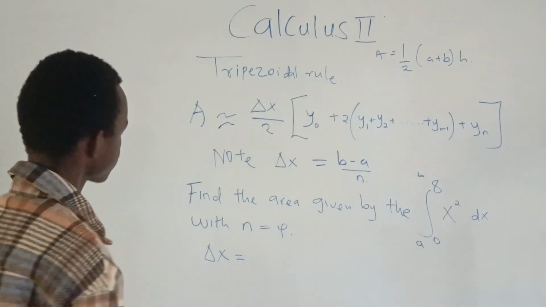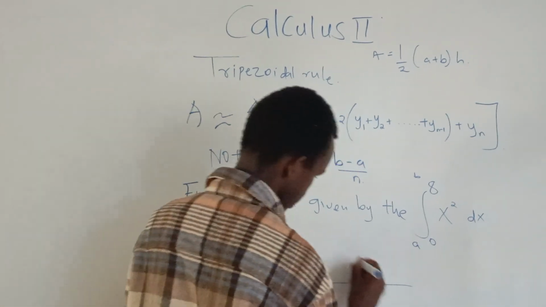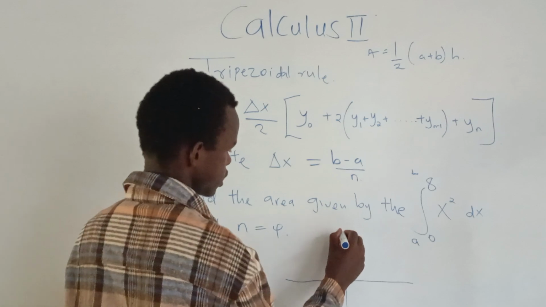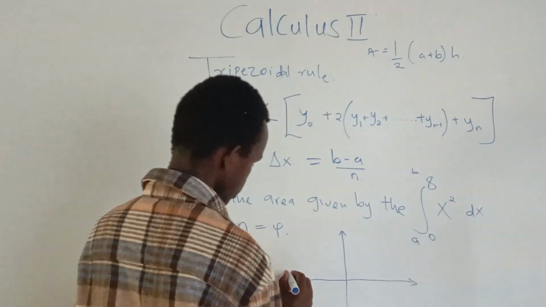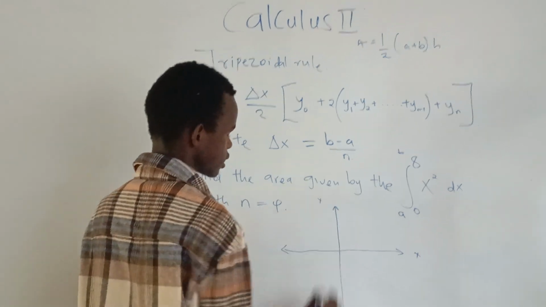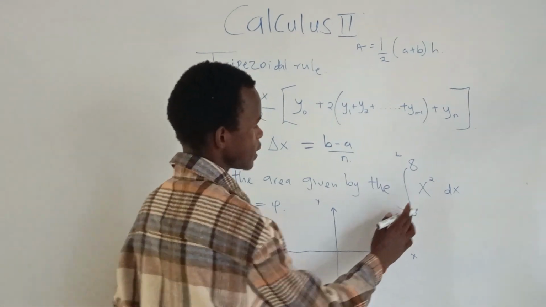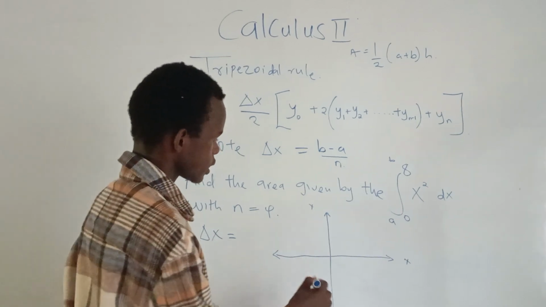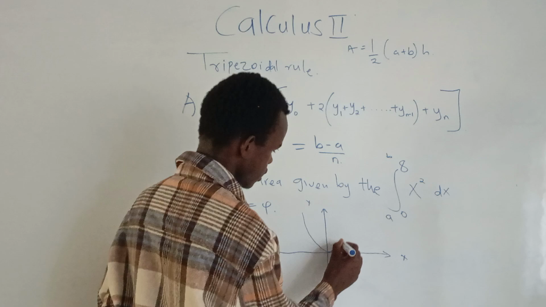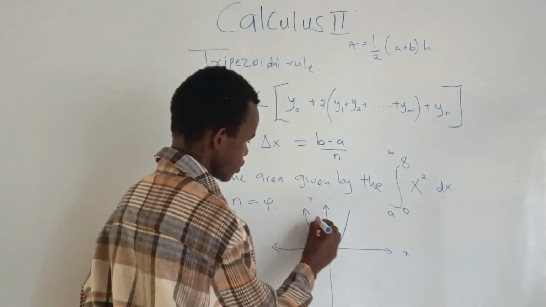This is the Cartesian plane, with the y-axis and the x-axis. Graphing this, we get a U-curve that opens up.